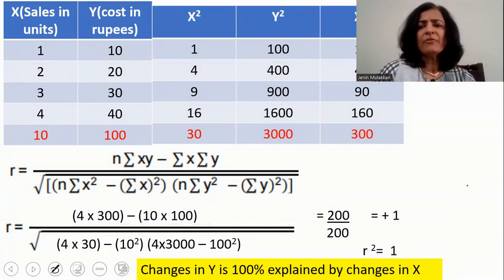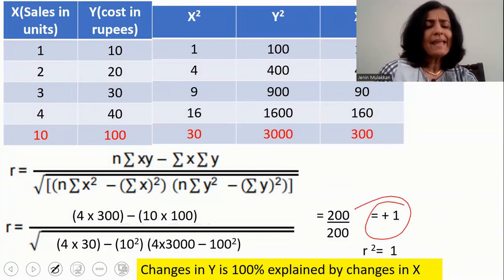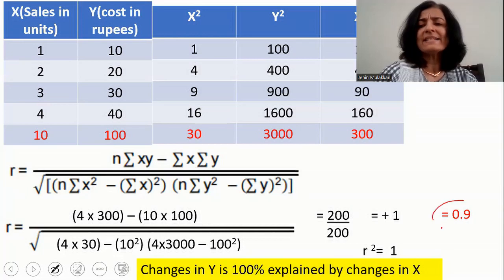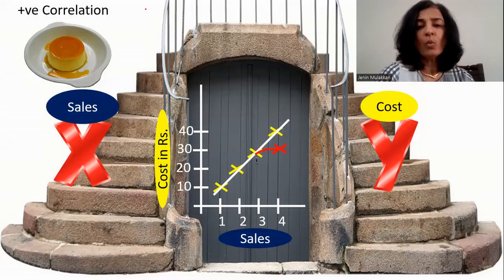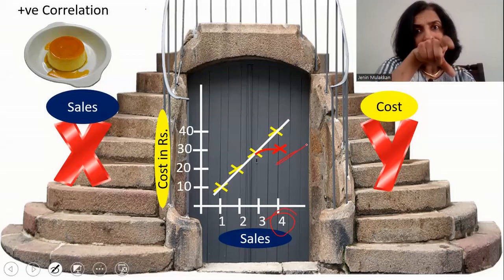Now, if it was not a perfect straight line, then obviously you wouldn't get R as +1, right? Say you get the answer of R as 0.9. Plus 0.9 means that there is definitely a strong positive correlation, but it is not that perfect straight line. You recollect, I had said that when you were making 4 puddings, if you had got a discount, then the cost would dip and it would be a curve that is formed.